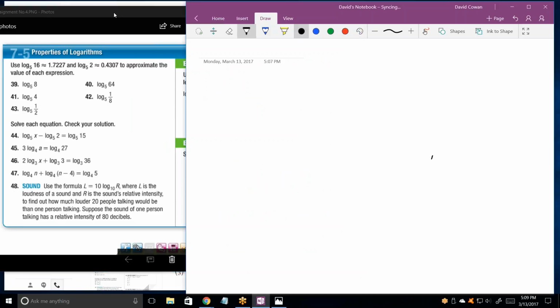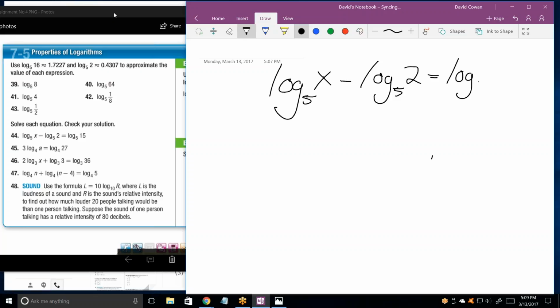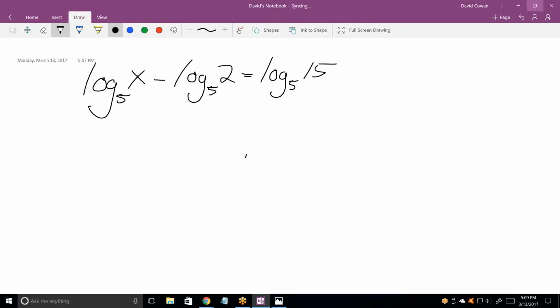Let me write it. So we have the log base 5 of x minus the log base 5 of 2 equals the log base 5 of 15. The way to solve log equations is to try to condense one side to a single log expression.